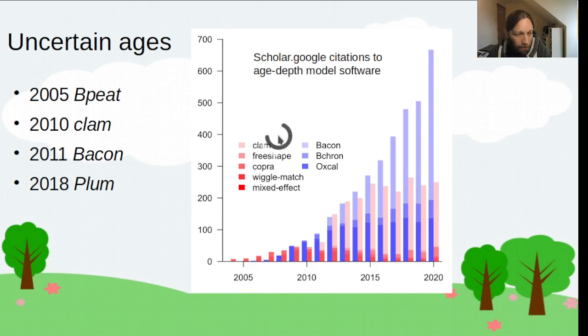Bayesian age models have really overtaken classical ones in popularity. Classical age models have more or less plateaued in citations, and the Bayesian age models keep on growing. So I'm really happy to see this revolution taking place in the paleo community and to be part of that evolution or revolution.